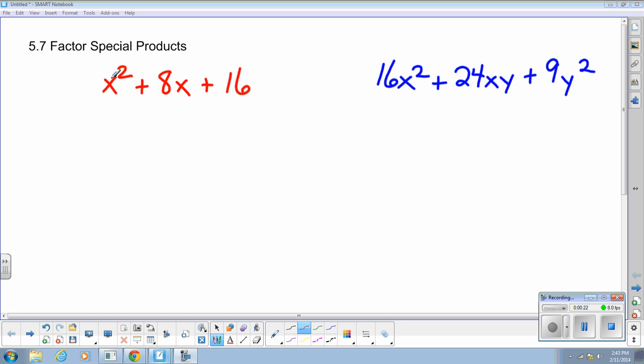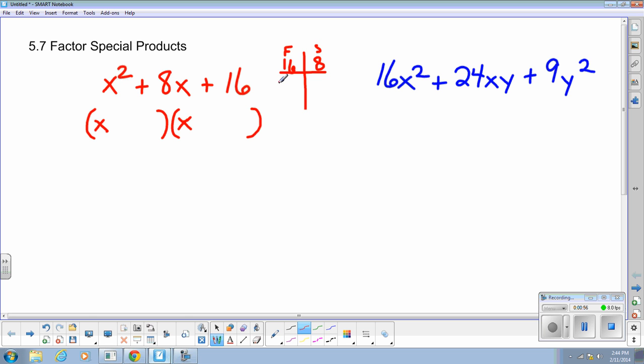When we had a trinomial with a plain x squared, we could immediately put our parentheses, because we would ask: what are the factors of 16 that give me a sum of 8? For the first term, we would go x and x. I can make my little table, abbreviating factors of 16 and sum of 8.